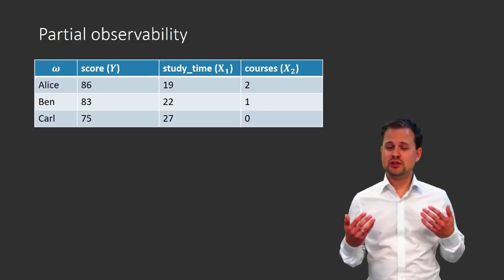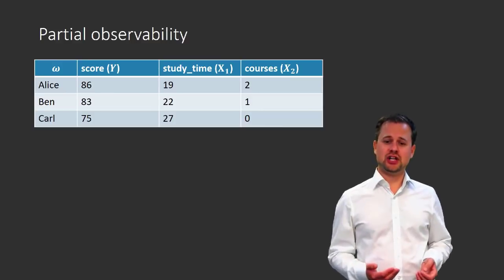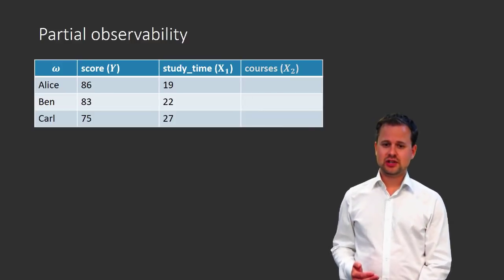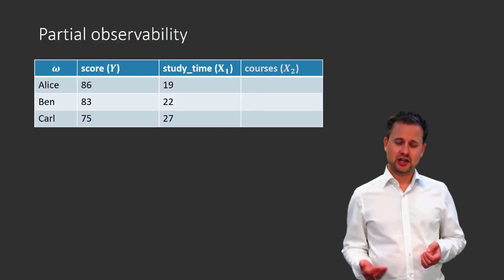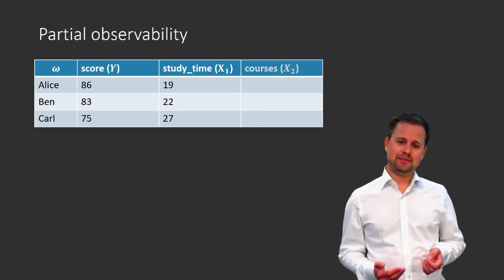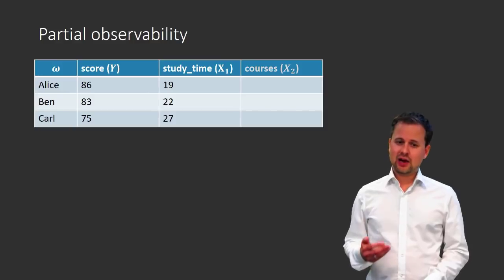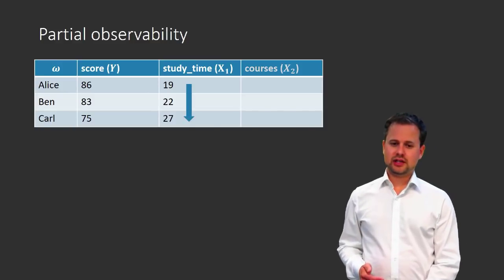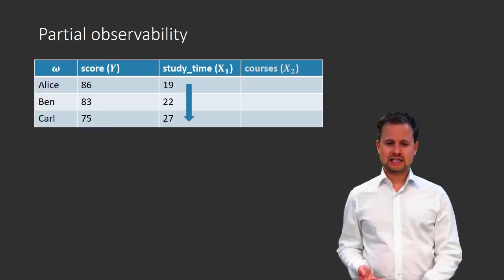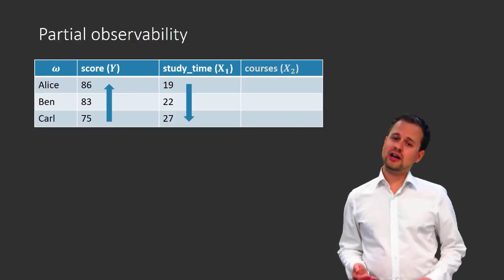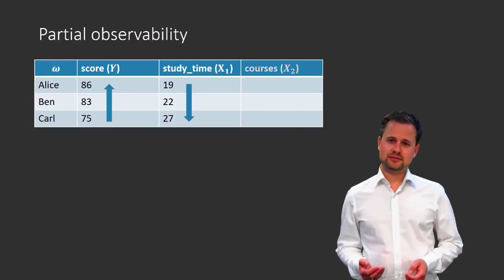But now let's suppose that we did not have this information on the variable courses. So we would observe only 1 regressor, study time. And now, note that the more someone studies, the lower their exam score.